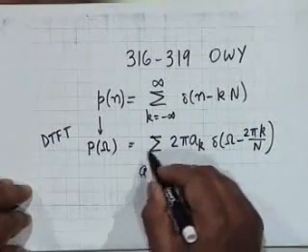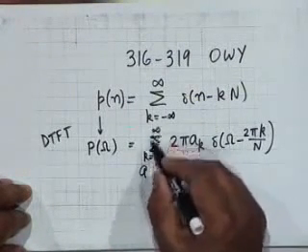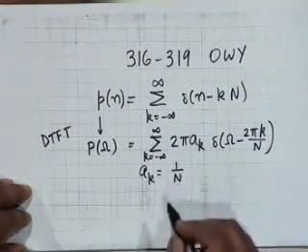And a_k here, k goes from minus infinity to plus infinity. a_k is equal to 1 over N.